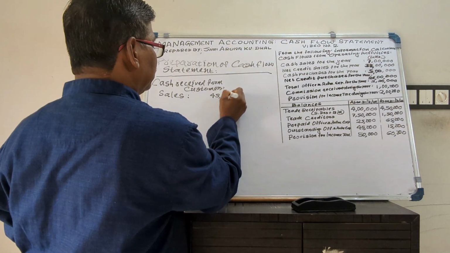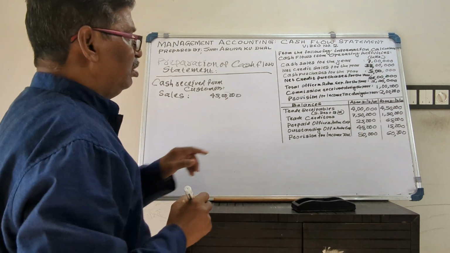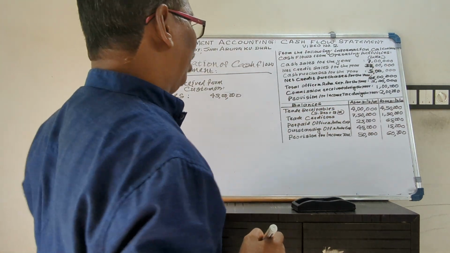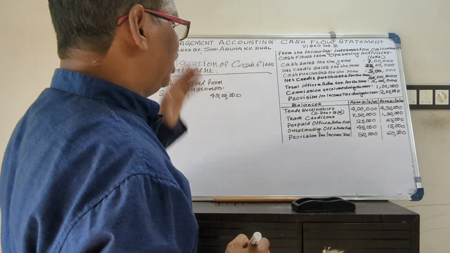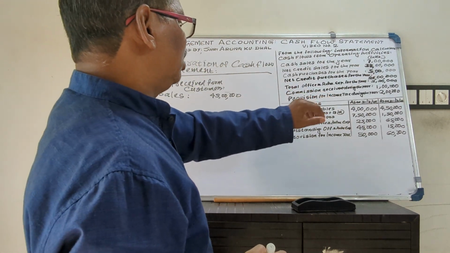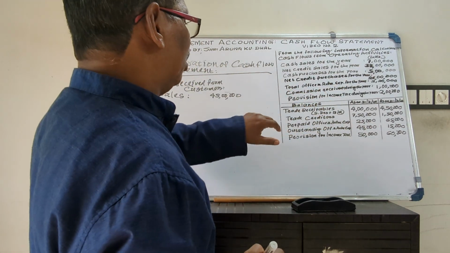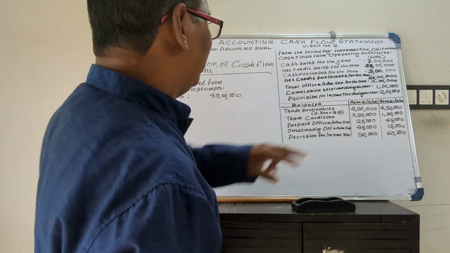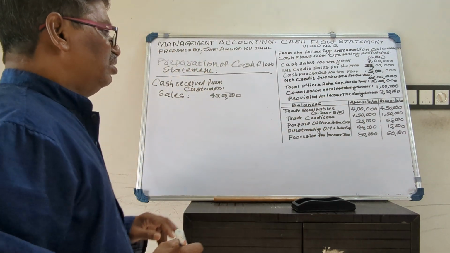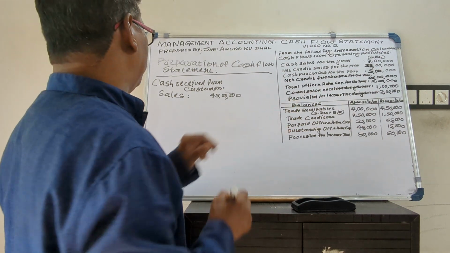Then opening trade receivables: that means previous year's closing is this year's opening. Trade receivable at the beginning was 4 lakh. We are supposed to receive 4 lakh from the parties.